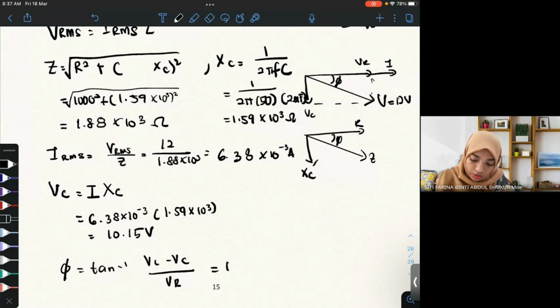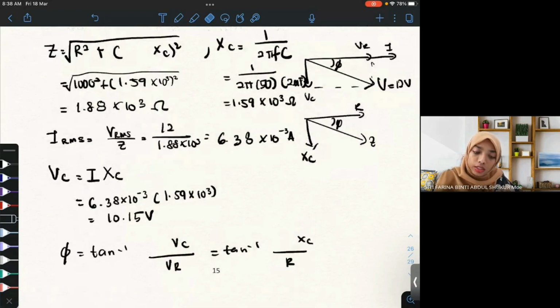Ataupun shift tangent XL minus XC over R. Okay. Kalau begitu, kita cross check balik dengan circuit kita. Circuit kita adalah only RC. The term L does not exist. So kita boleh padam. So your equation only left with the component resistance and the capacitance.